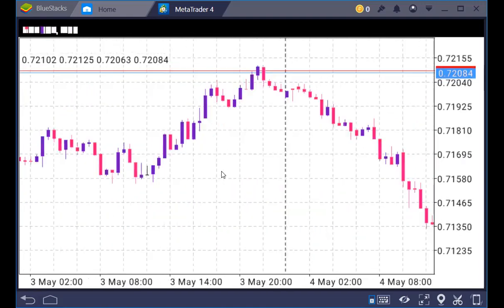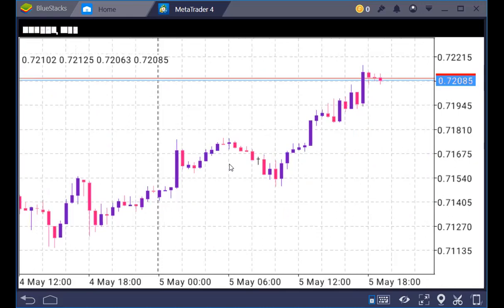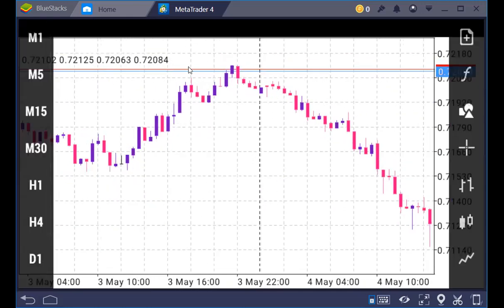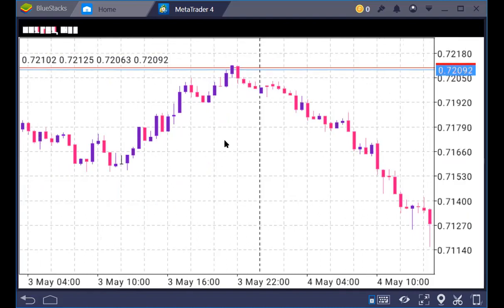So what I mean by resistance, I'm trying to spot, let's say, previous action where price moved from point A and then got to point B and then could not break through this zone, then it began to sell downwards.